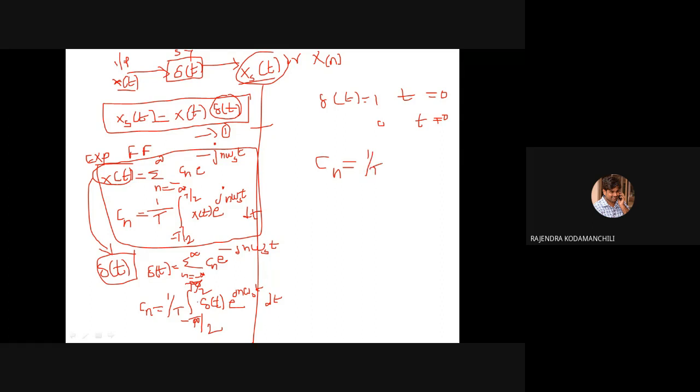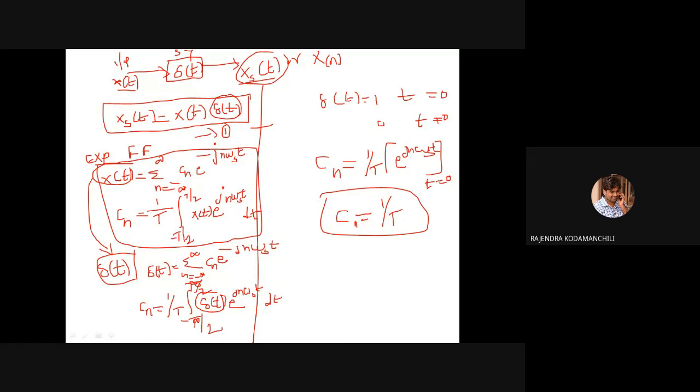No need to apply integral, no need to apply summation, because del of t value is 1 when t equal to 0. So what about the remaining portion, e power jn omega st? In this portion we just substitute t equal to 0. Exponential of 0 is nothing but 1. So Cn value is 1 by T.